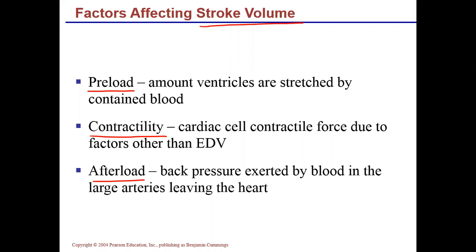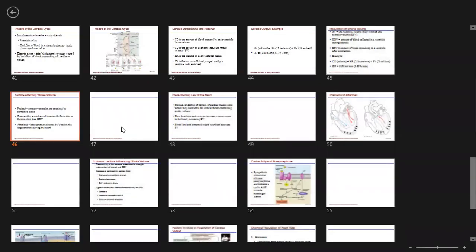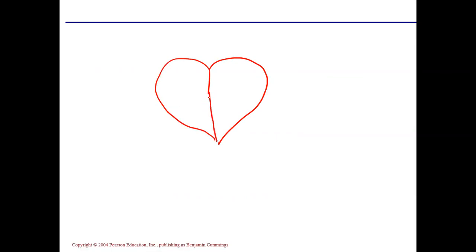So let's analyze this in terms of the heart so you understand what I'm trying to tell you. If this is the heart right over here, let's just analyze one of the ventricles, the other would be the same.